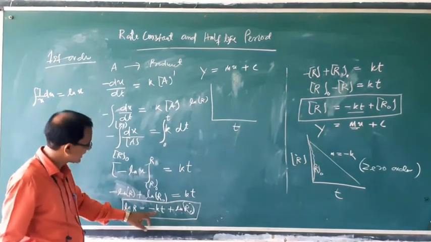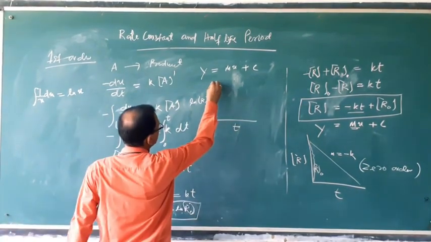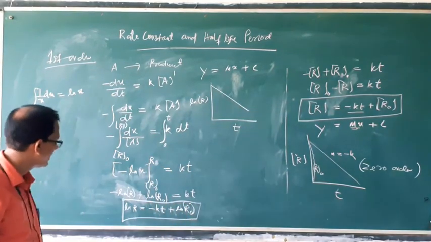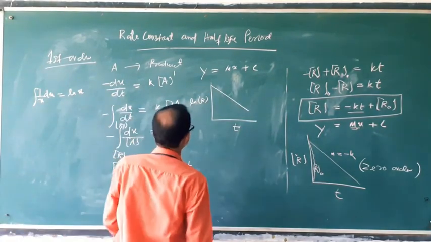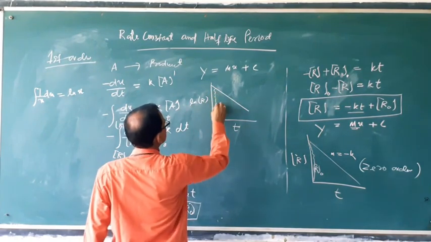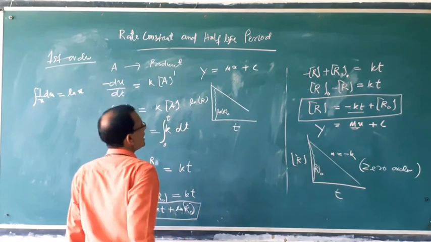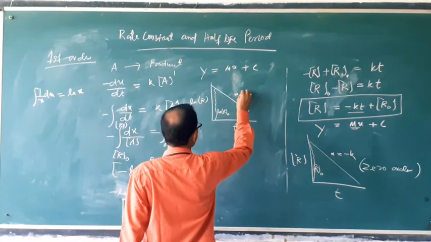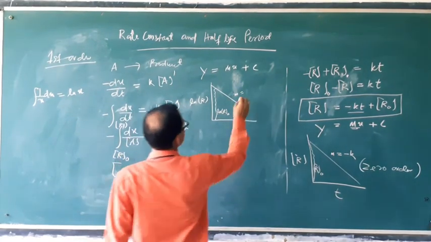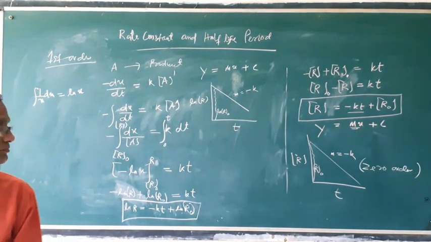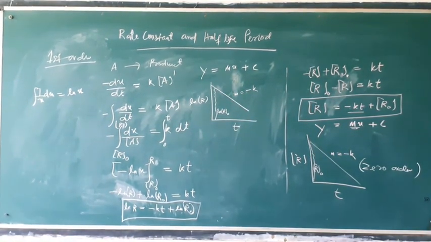As it is a negative slope, the graph will be like this, negative slope, and the intercept is ln r0, and your slope m value is equal to minus k. This is the relation between ln r and ln r0.